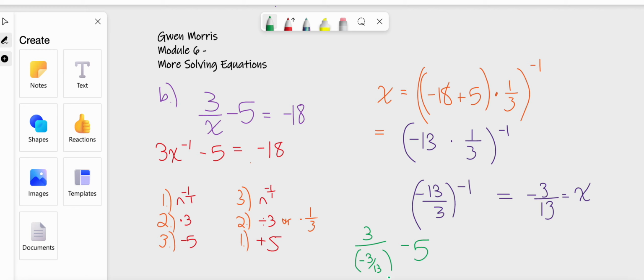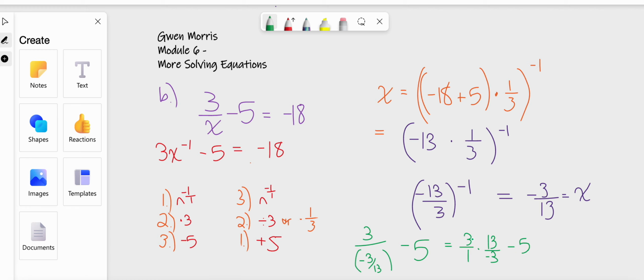Instead of saying 3 divided by negative 3 over 13, I could say 3 over 1 times 13 over negative 3, minus 5.